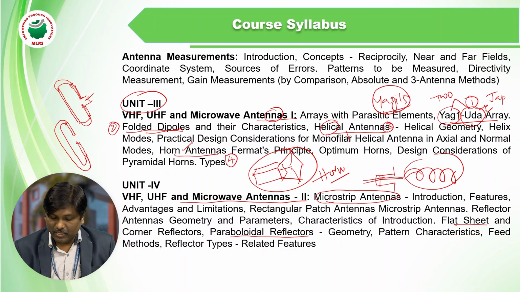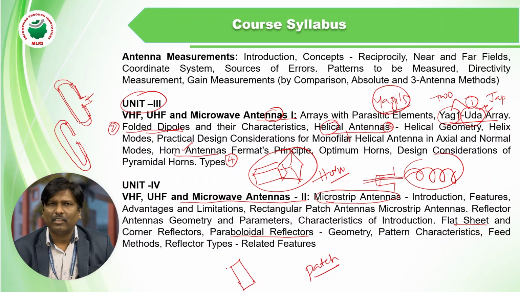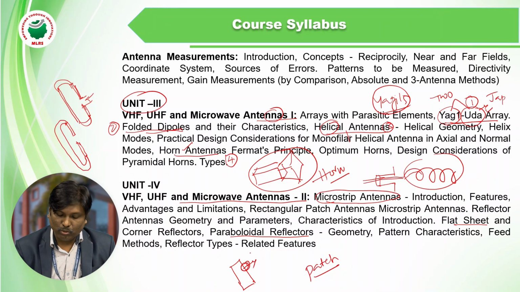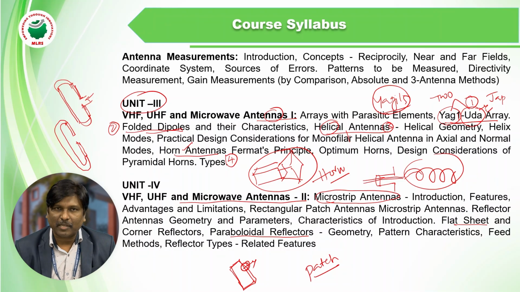This microstrip antenna is also known as the patch antenna. The best example is our mobile. Suppose you purchase a well-known branded mobile; without a SIM card we don't get any calls. We can get calls only by inserting that particular SIM card. So this SIM is like the microstrip or the patch, because only with its insertion can it work. Similarly, any antenna that works with the insertion of one particular portion is called a microstrip antenna or patch antenna.